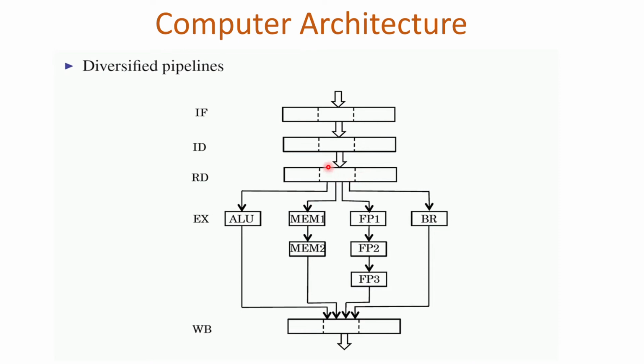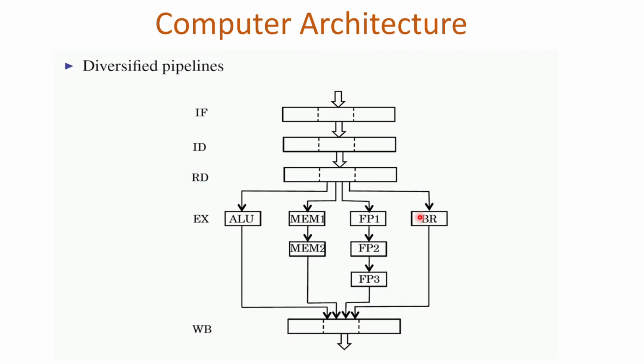After this, depending on the instruction type, whether it is an ALU type instruction or a memory reference instruction, the pipeline decides which particular stages should be used for that instruction. From this RD phase there is a diverse option to go from either this side or this side or this side.